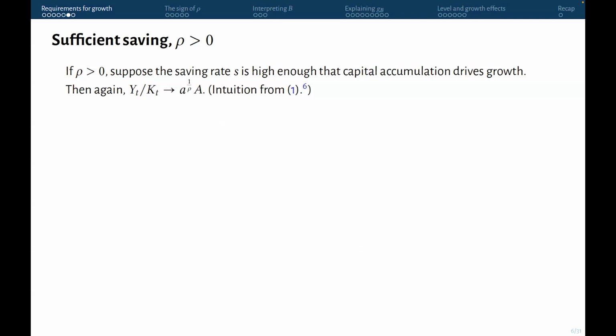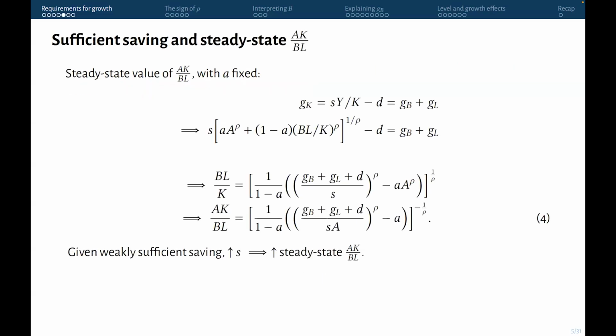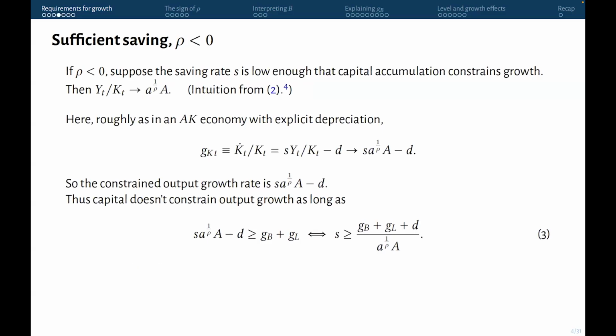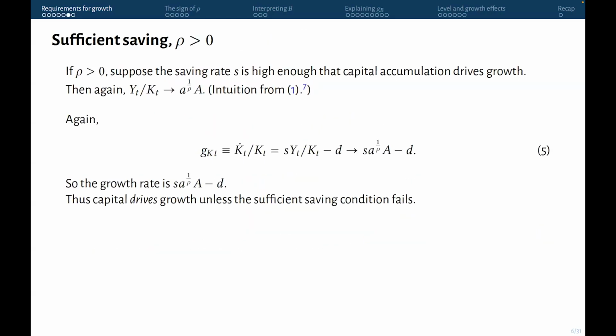Here, that'll be the world in which capital accumulation is driving growth, because growth will occur at this rate here on the left, SA to the 1 over rho times big A minus D. And that'll be faster than the growth rate of effective labor.